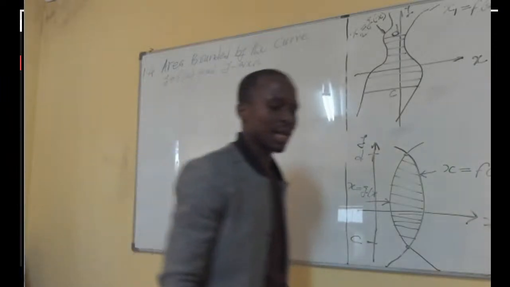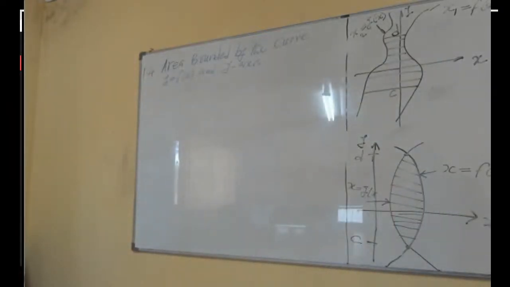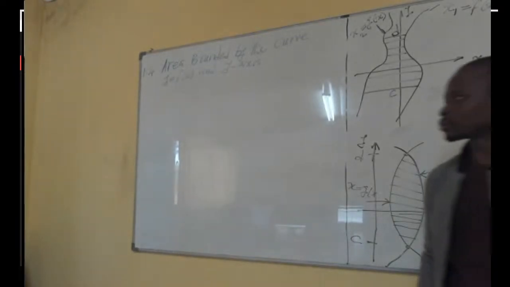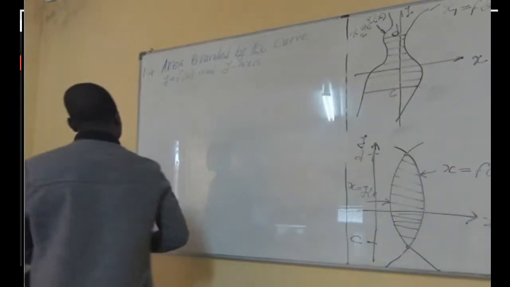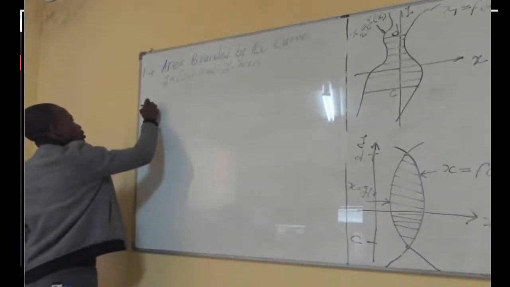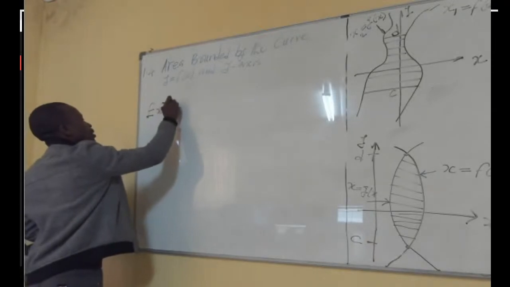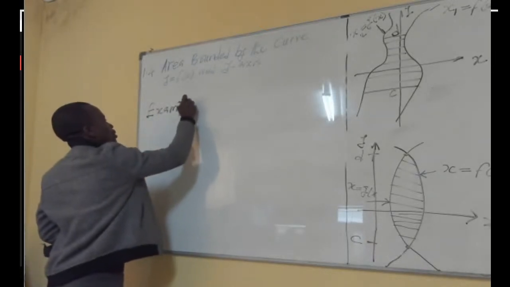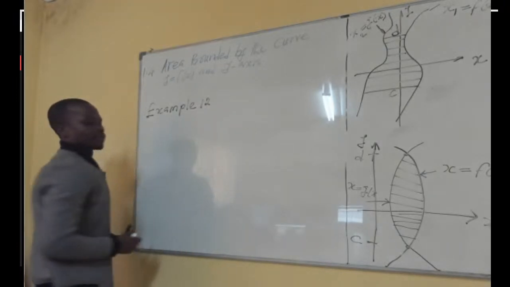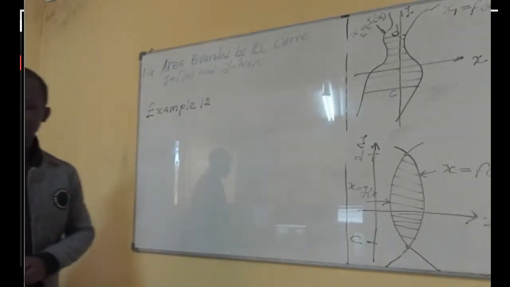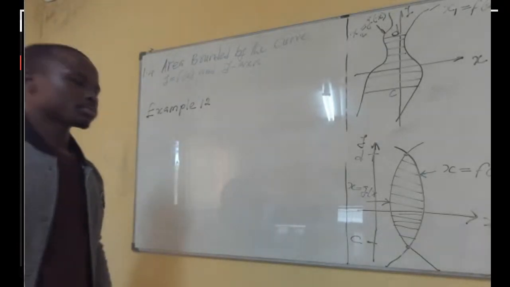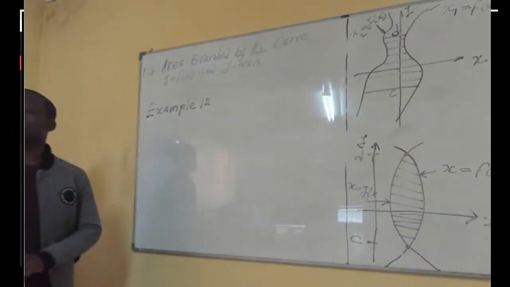So let's look at an example. There will only be one example that we are going to look at. So let's look at example number 12 from your lecture notes.